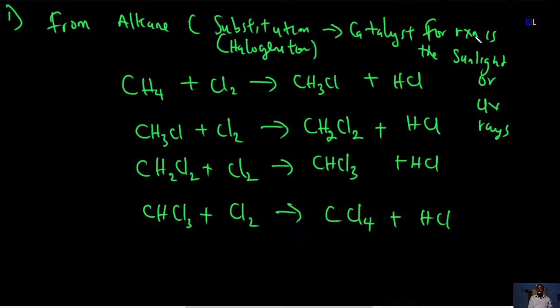In this case, the catalyst for this reaction is sunlight or UV rays. This is a very important point to note. Okay, now with that said, the next one we are going to get into is from alkynes and alkenes.